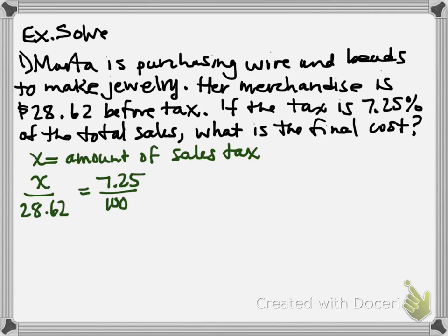Okay. Now, this is what most people do to solve this problem: in order to figure out the sales tax, they rewrite the problem and say, if I did the cross products, I basically am going to be multiplying the 28.62 times 0.0725.